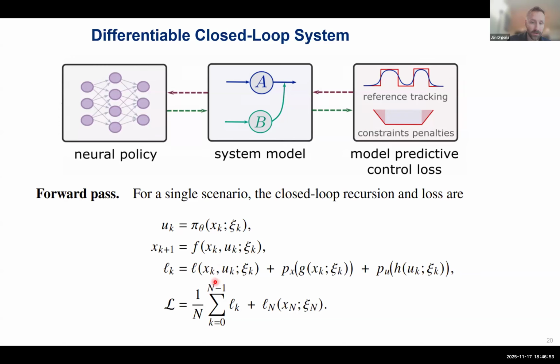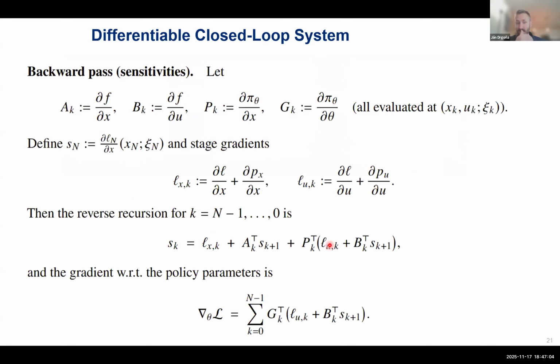Now, assuming that all of these terms are differentiable or differentiable almost everywhere, I can compute sensitivities of this program with automatic differentiation. So how do you do that? Well, now represent these A, B, P, and G terms as Jacobians of my system dynamics and control policy. In automatic differentiation, we can do forward or reverse mode.